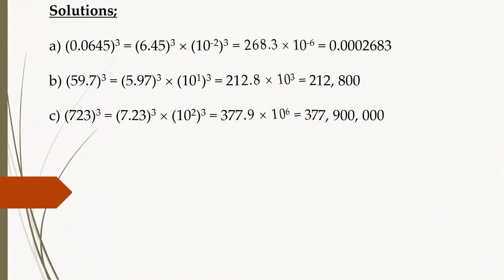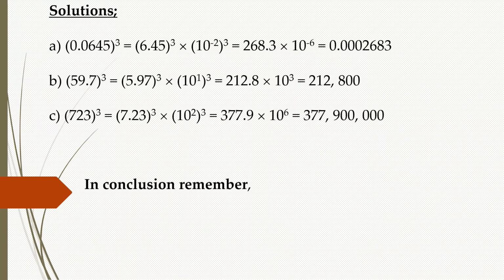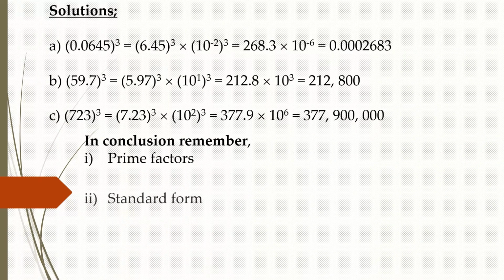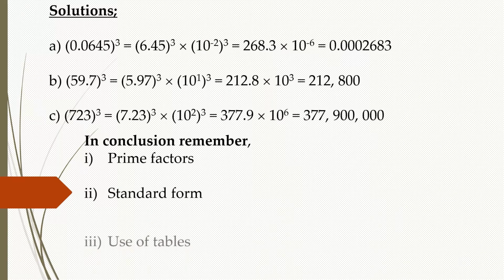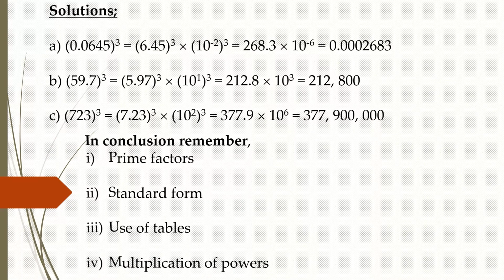We also cubed 10 raised to power negative 2, and it gave us 10 raised to power negative 6, because minus 2 as a power multiplied by 3 as a power will give us minus 6. So our result will be 0.0002683. We have also checked on the cube of 5.97 using our mathematical tables.